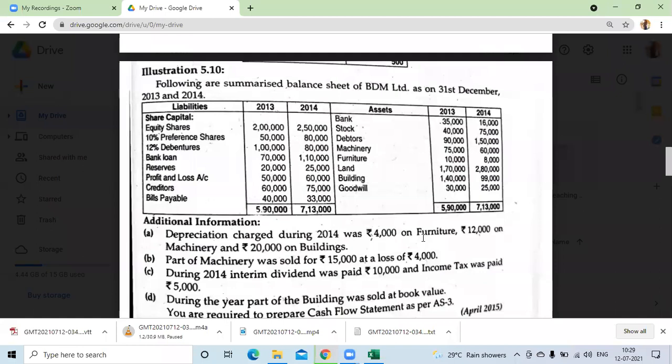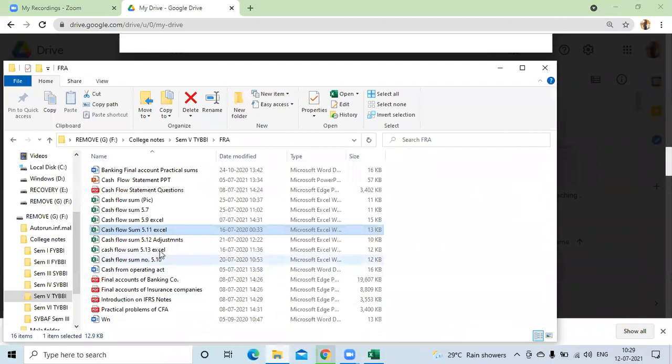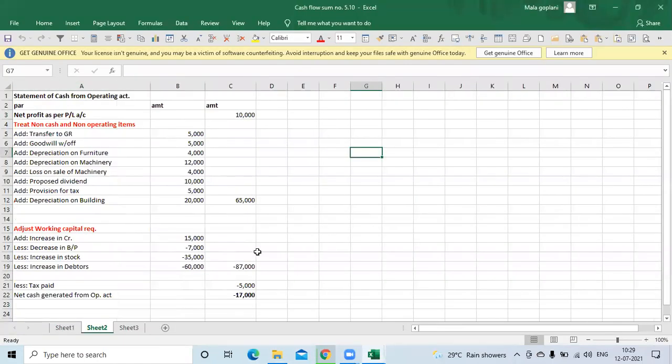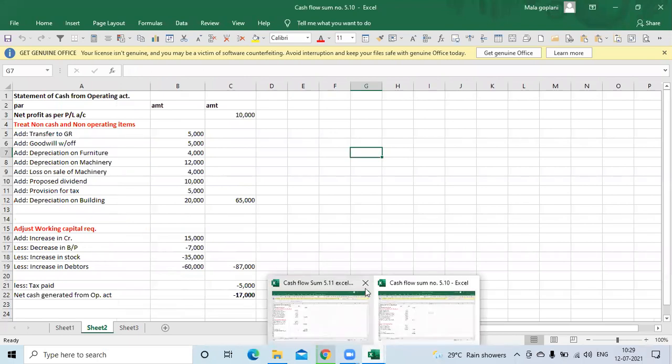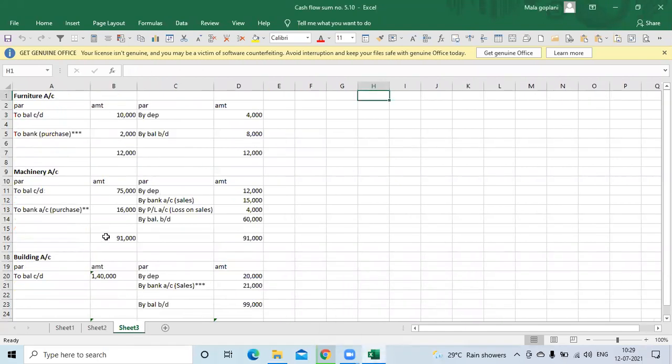Write down the heading machinery account. Come to the next line and draw particulars amount columns.